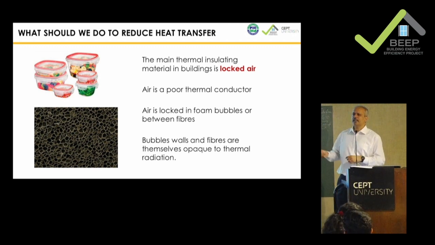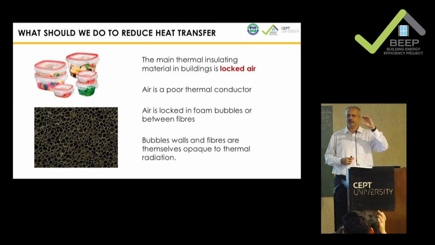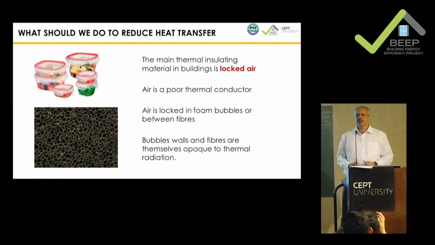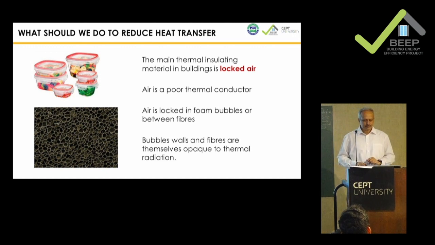Because radiation is also getting in, and the amount of air it has is very limited, the amount of mass it has. But what we try to do is lock the air, and air being a low conductive material, we take advantage of that and say, okay, can we have an insulating property? Right?